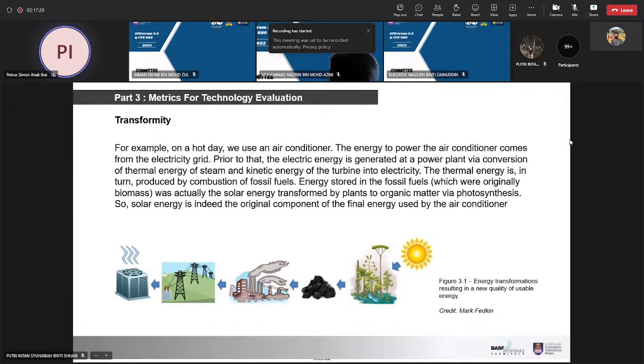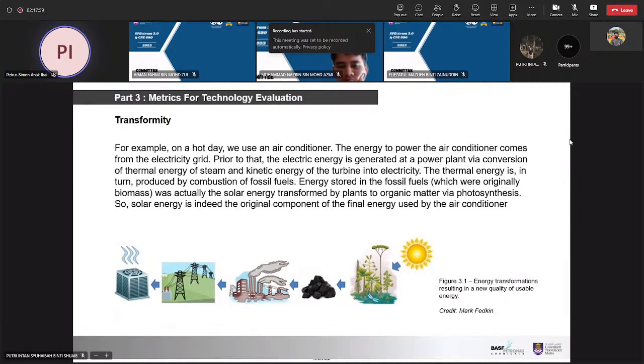So for transformity, for example, during a hot day, we can use the air conditioner. The energy to power the air conditioner comes from the electricity grid. Prior to that, the electric energy is generated at a power plant through the conversion of the thermal energy of steam. This is a steam turbine and it goes to your generator. And the thermal energy, in turn, is produced by the combustion of fossil fuels.